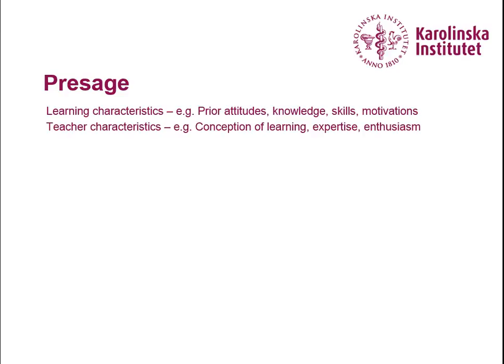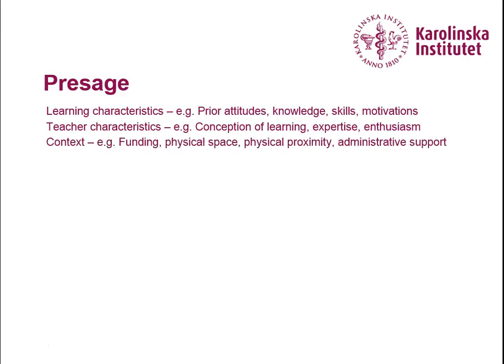There's the teacher or the facilitator characteristics, and every facilitator, every teacher will have their own conception of learning, their expertise, their enthusiasm or realness, as Carl Rogers referred to it in the 1960s. And then there's actually the context, and this is a very broad topic and includes everything from the funding of the interprofessional curriculum, the physical space, the physical proximity, for example, if you're doing it online, administrative support.